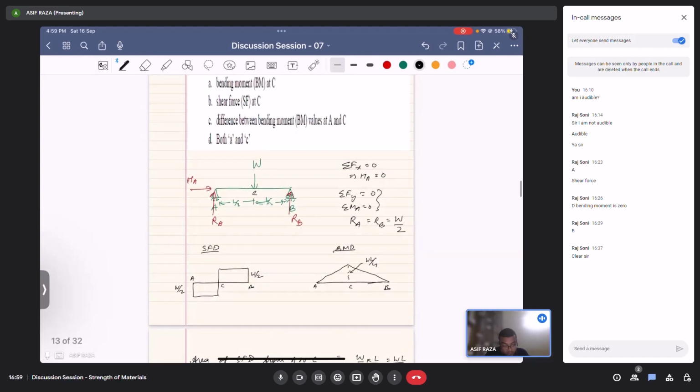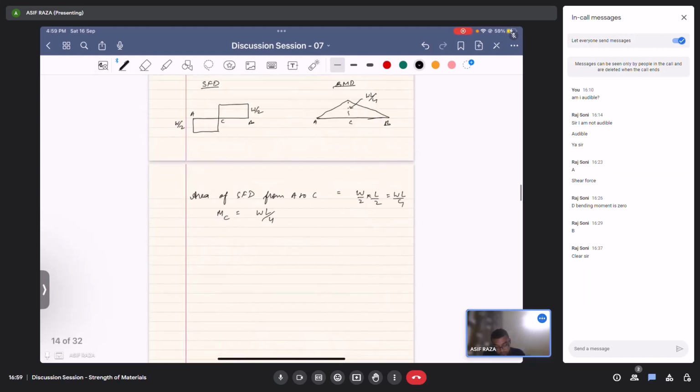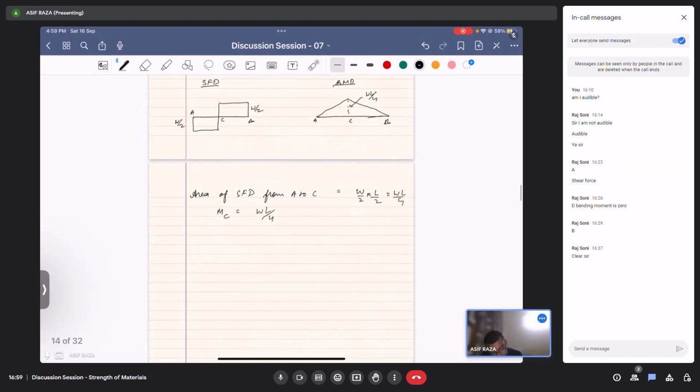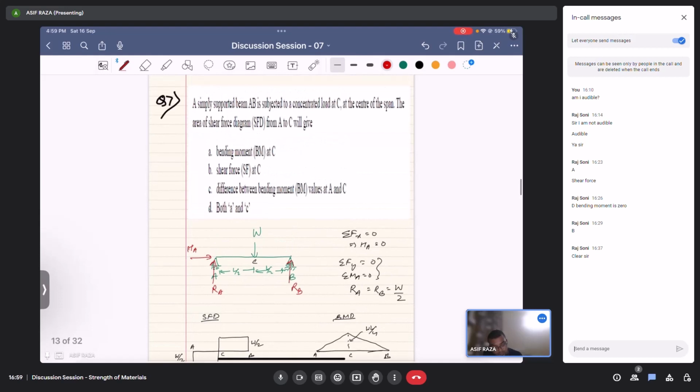Difference between bending moment values at A and C is MC minus MA, and since MA is equal to 0, this would be equal to MC, and that is WL by 4. So this is also correct. So the correct answer would be option D, both A and C.